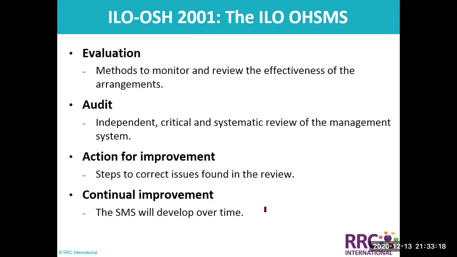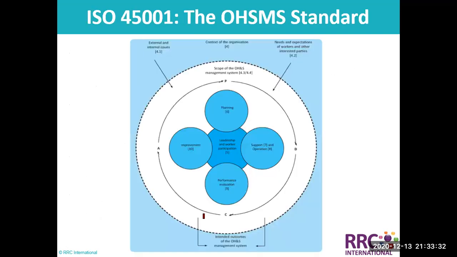And then you act upon those recommendations. That is the actions for improvement. There are steps to correct issues found in the review, and then continual improvement. This safety management system will develop over time.